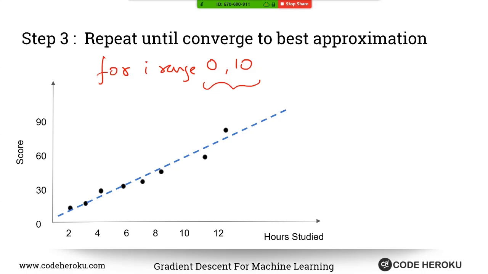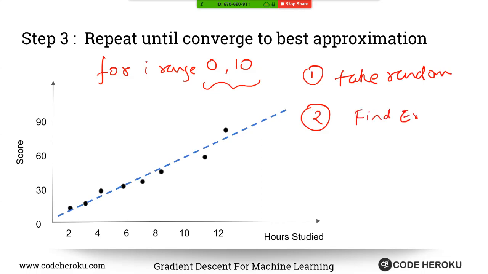Okay, so that will be the overall strategy of the gradient descent algorithm. Step 1, take random points, or Sudipto will also try taking b between the range over there. Then we'll find the error, right?